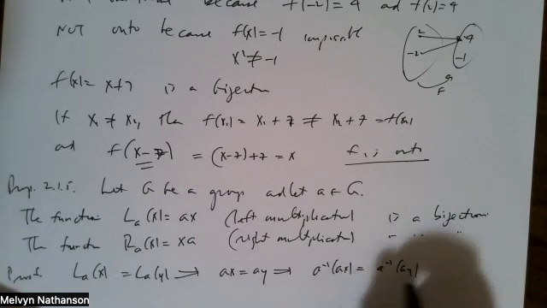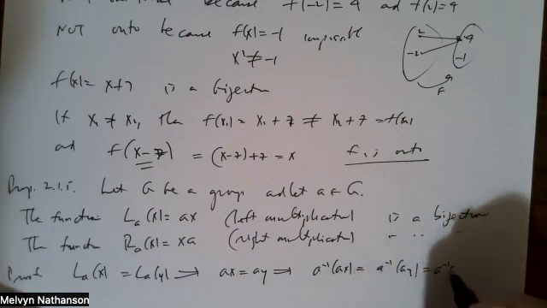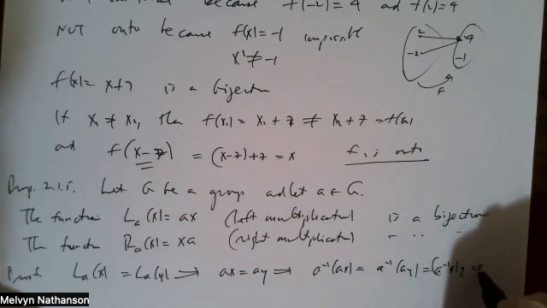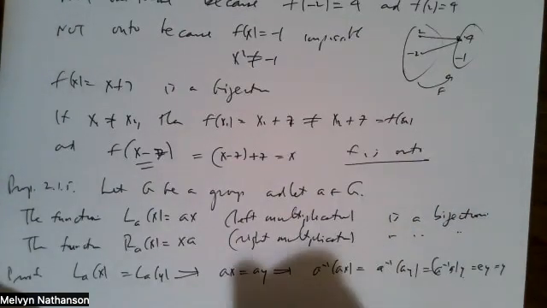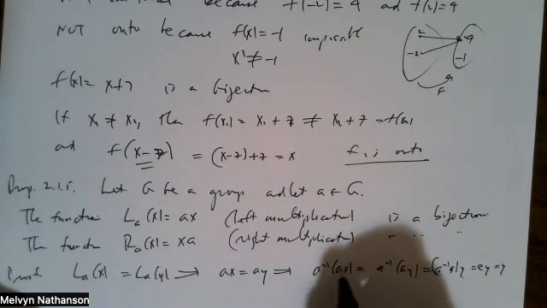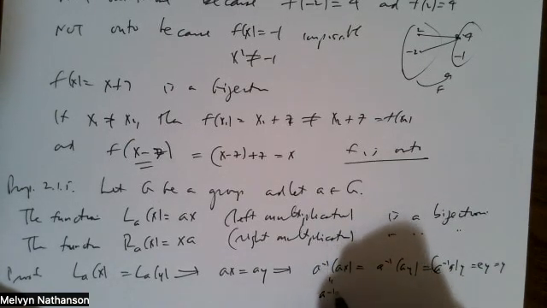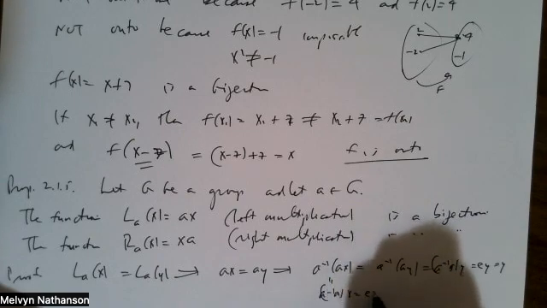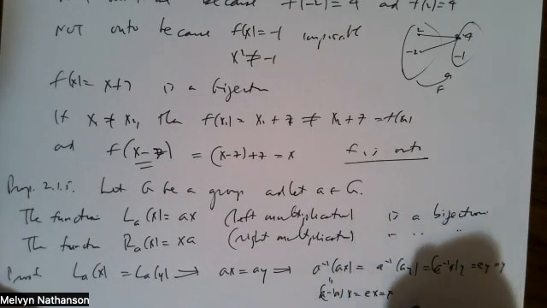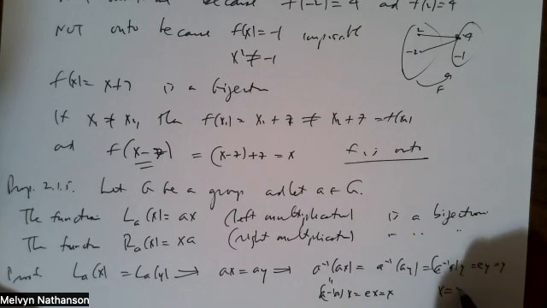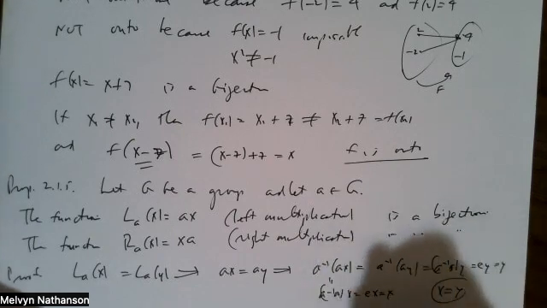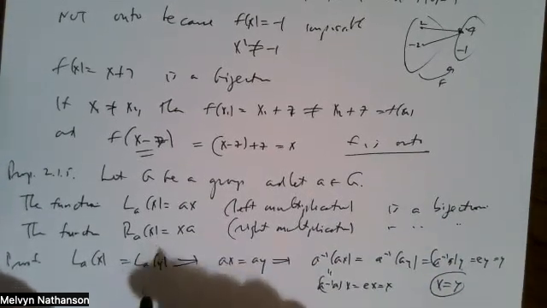But A inverse times AY is A inverse A times Y, which is the identity times Y, which is Y. And similarly, A inverse times AX is A inverse A times X, or E times X, or X. So X equals Y. That's what this long equation says.